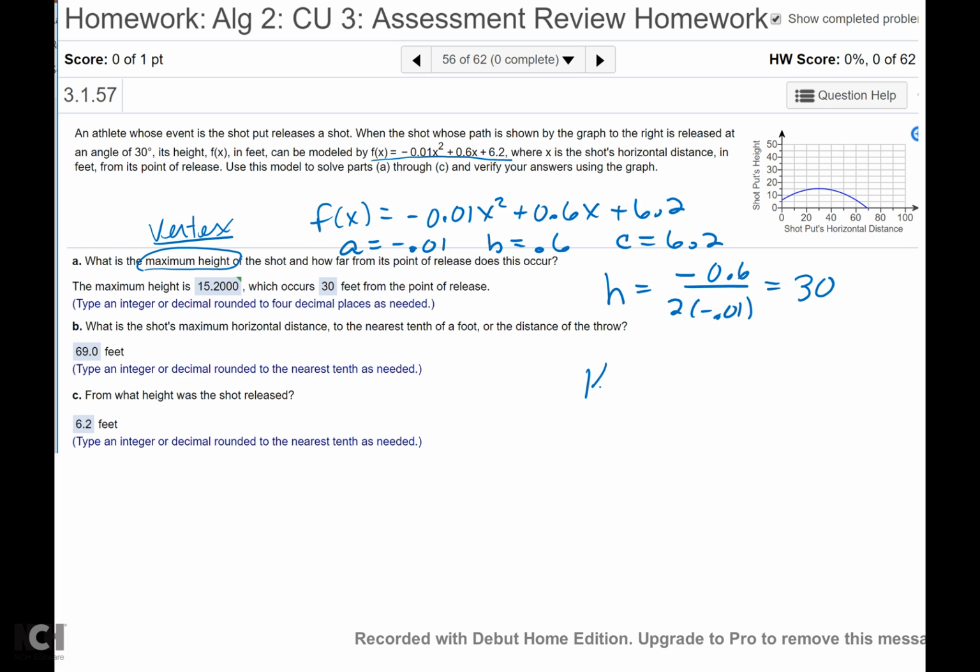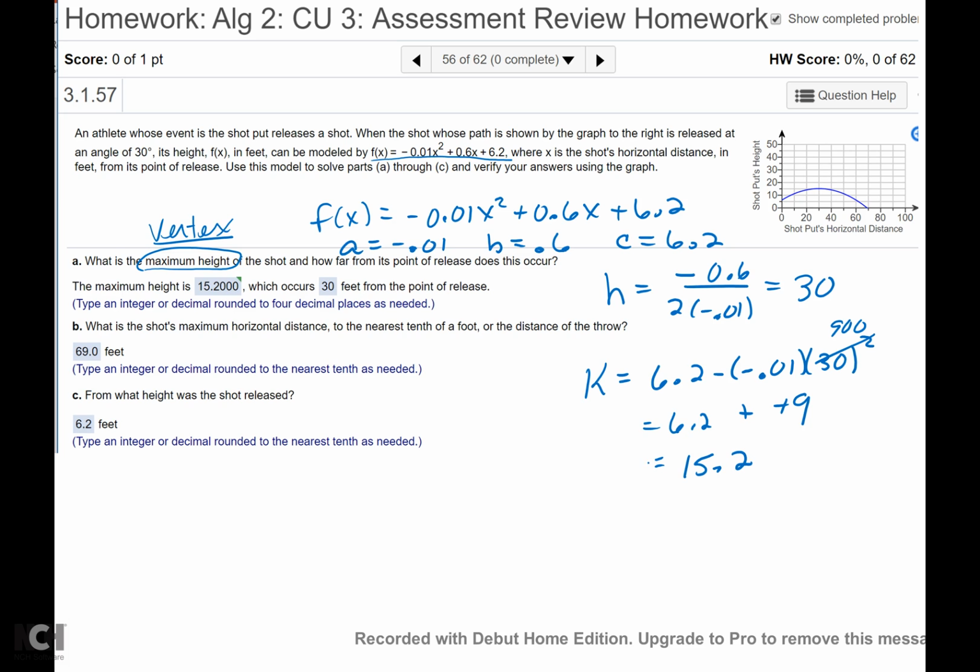To get my k, I'm going to take my c minus my a times my h squared. That's going to be 900 times negative 0.01, which is negative 9. 6.2 minus a negative 9 turns positive, and that'll give me 15.2.